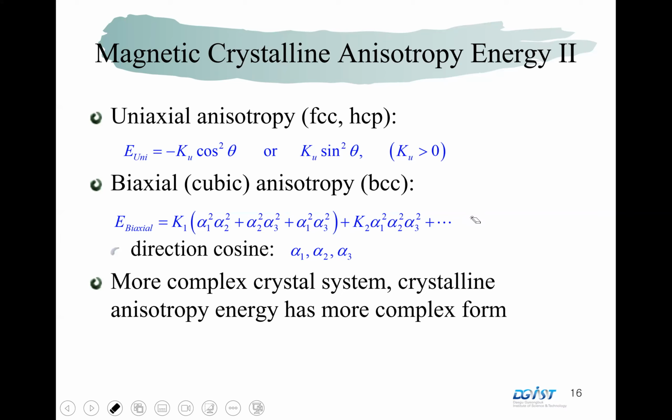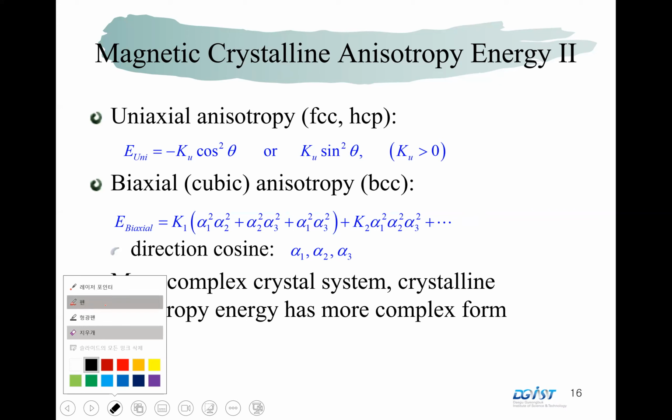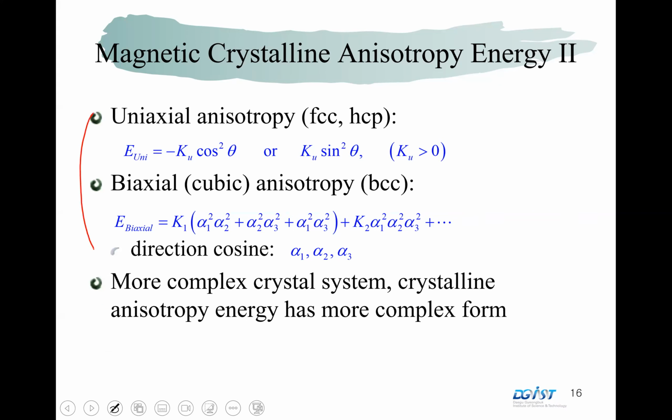So sometimes many students confuse the origin of each energy, but now let's focus on crystalline energy. In crystalline energy, there are representative cases of the uniaxial and biaxial. But there are many other sources that form the uniaxial or the biaxial anisotropy energy.